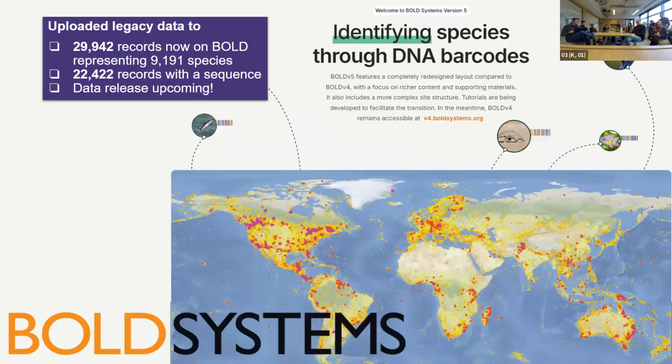So this is ongoing. On the other hand, and this is especially important for ARISE, we had all this legacy data because we've been sequencing for 15 years. We've now finally completed it, and there are almost 30,000 records now on BOLD, representing more than 9,000 Dutch species. 22,000 of these are complemented with at least one sequence.